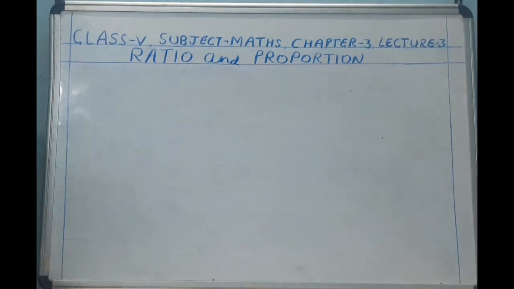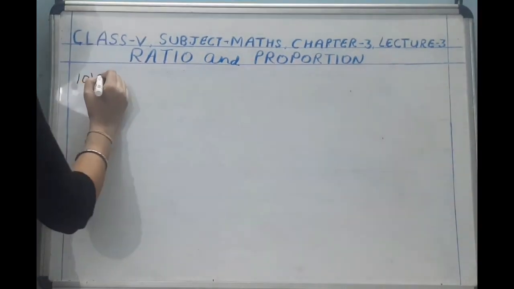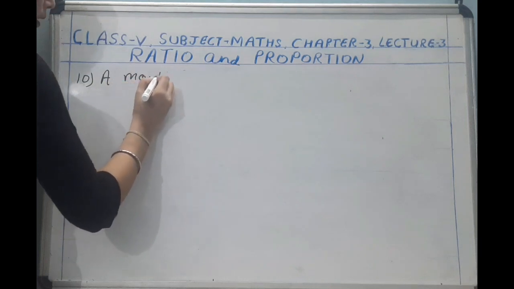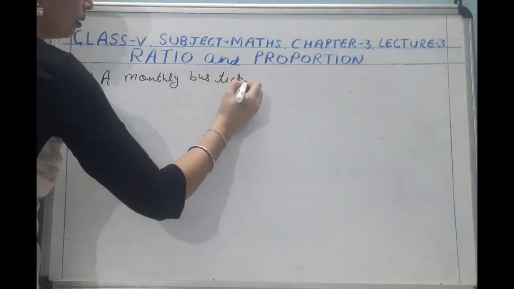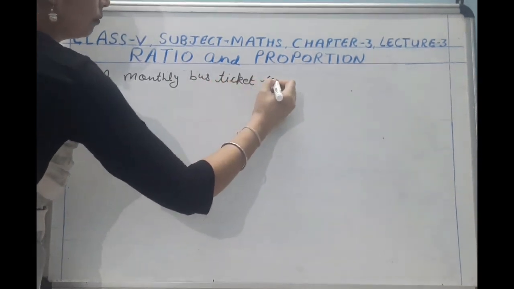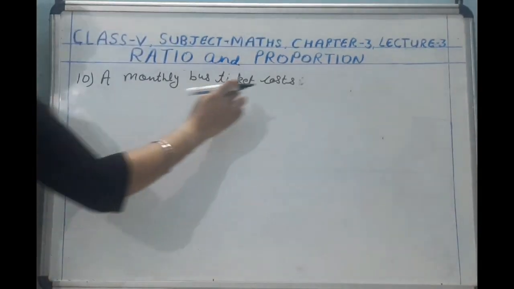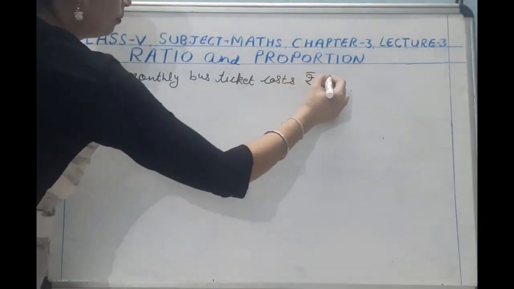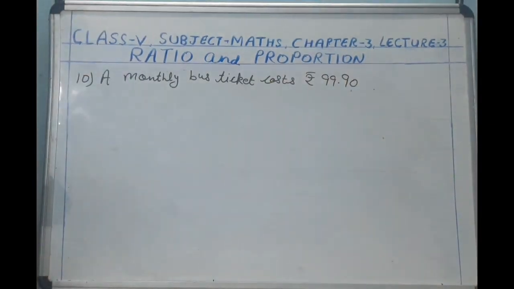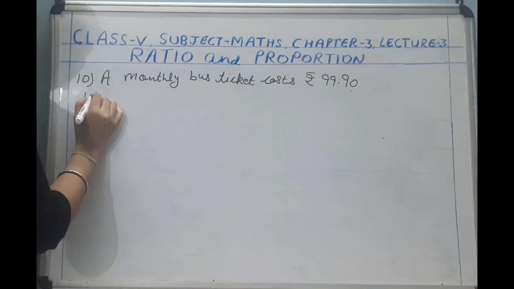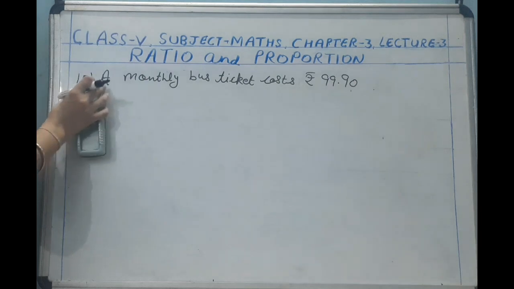नेक्स्ट इज आवर क्वेश्चन नंबर 10 of exercise 3C. A monthly bus ticket costs rupees 99.90. Right? What is the bus fare for a day? W will be capital because after full stop we are writing.